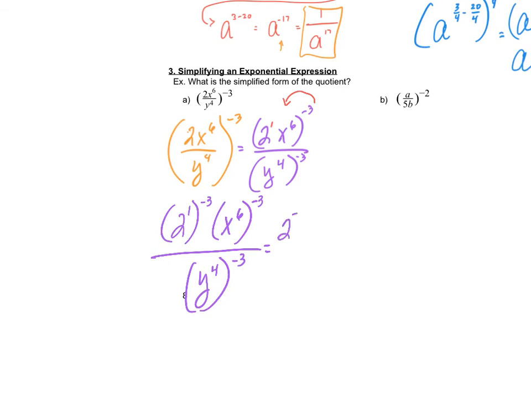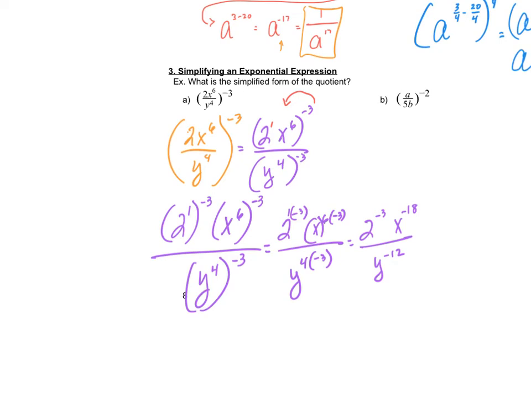That would be 2 to the 1 times negative 3. This would be x to the 6 times negative 3. All of that over y to the 4 times negative 3, which is going to give me 2 to the negative 3rd, x to the negative 18 over y to the negative 12th.